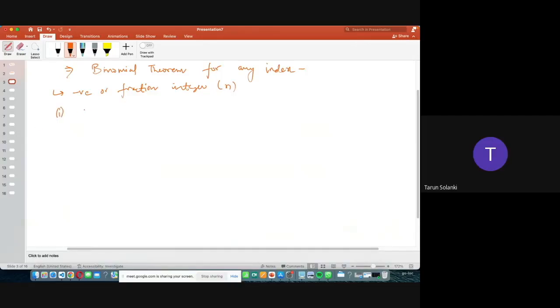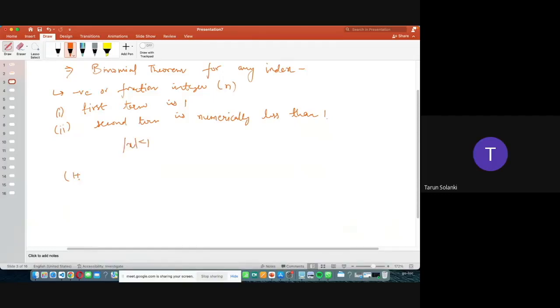We conclude that the first term is 1, and the second term is numerically less than 1, so mod x is less than 1.